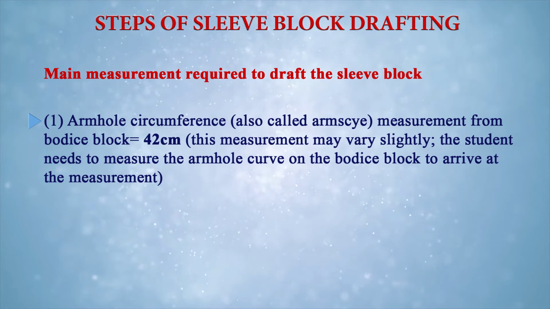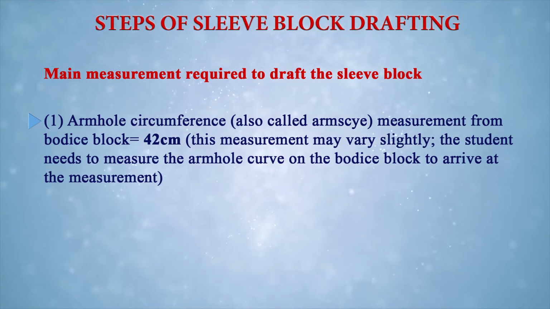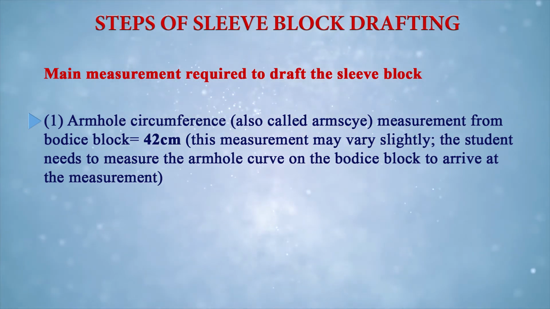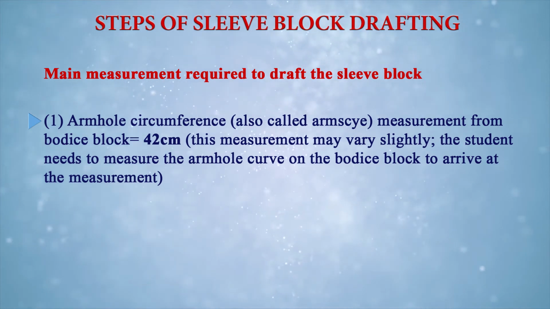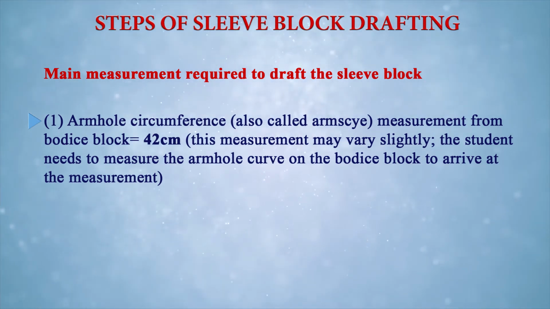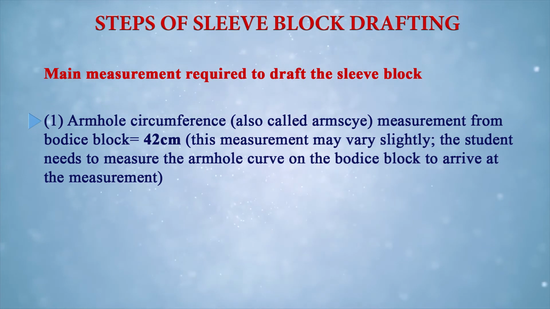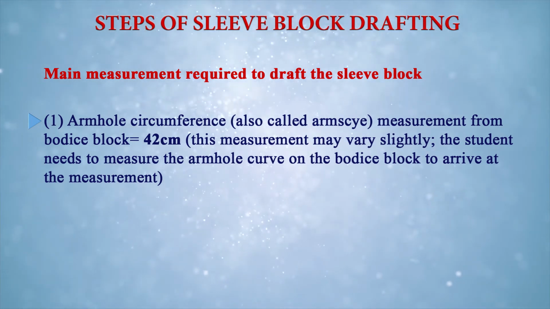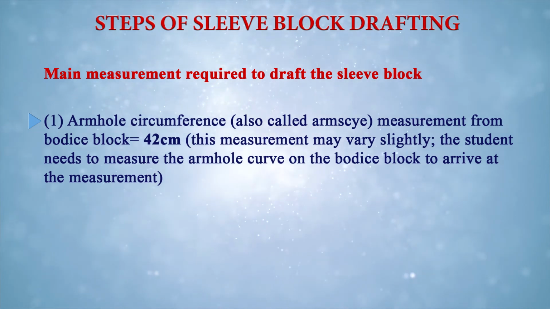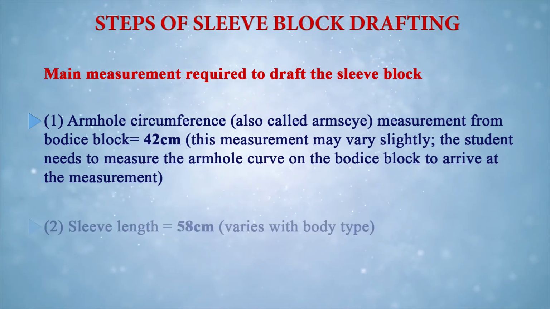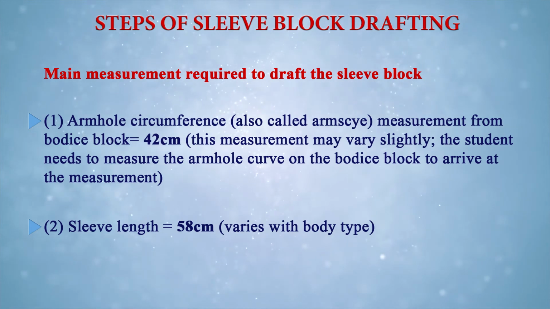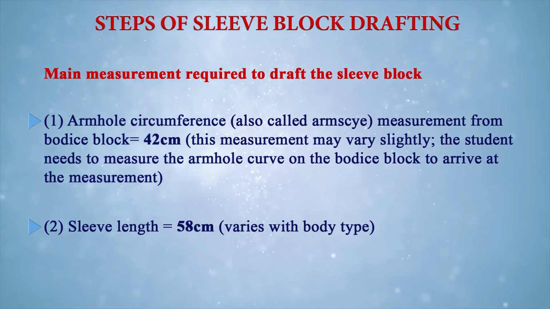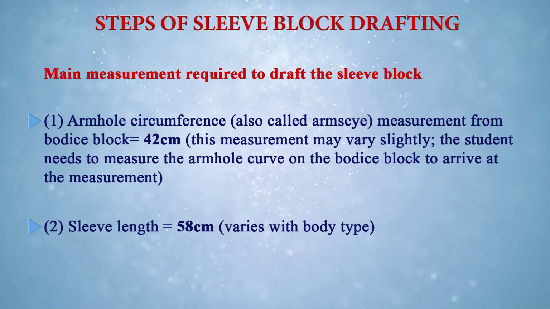This measurement you can vary, we can manipulate it according to the person we are creating the pattern for. So the armhole circumference we take for creating this standard sleeve block is 42 centimeter, and sleeve length will be 58 centimeter, and this can also vary according to the body type.